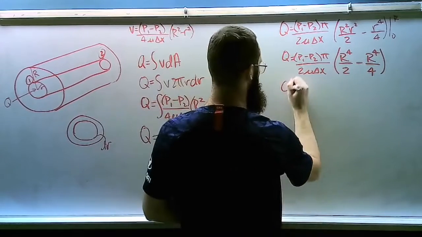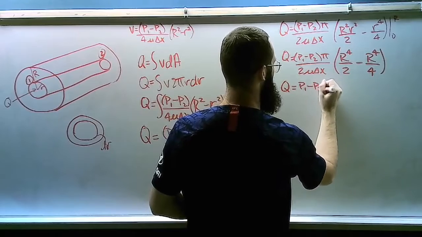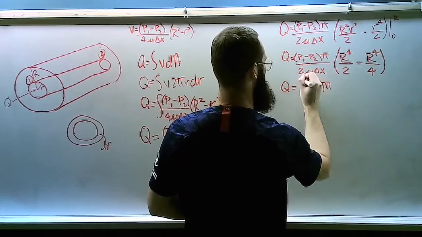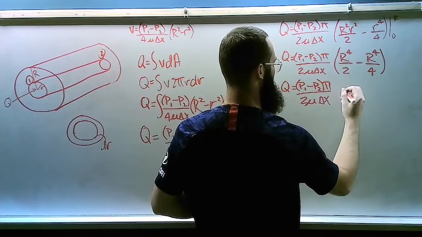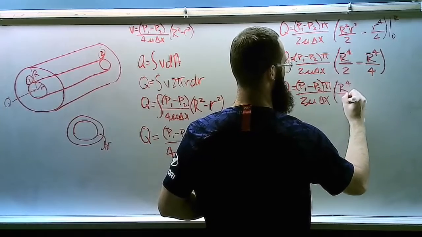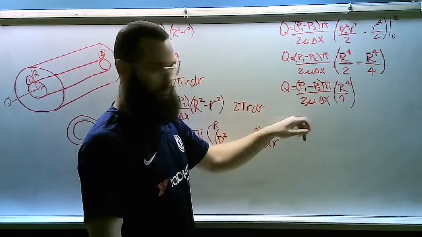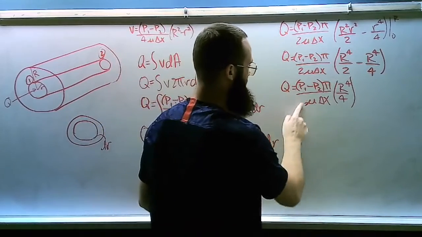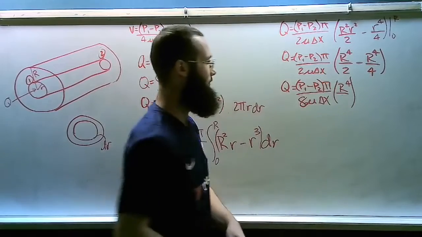So that's going to leave us with 1/4. P1 minus P2 times pi over 2 mu delta x times r to the 4th over 4. So again, we can combine these two numbers, and that'll give us an 8 on the bottom.